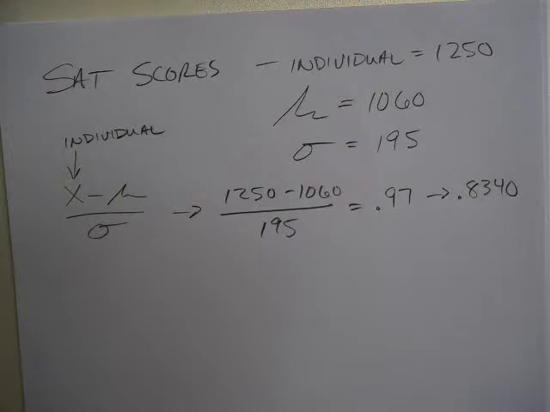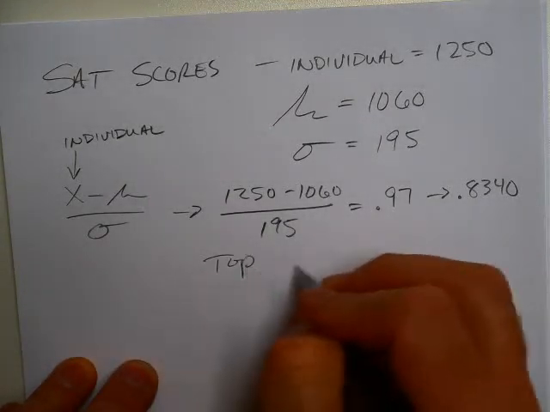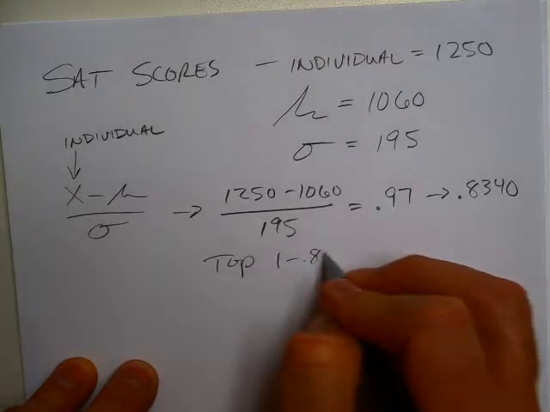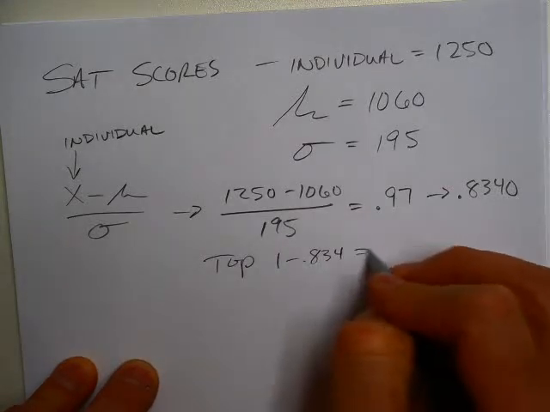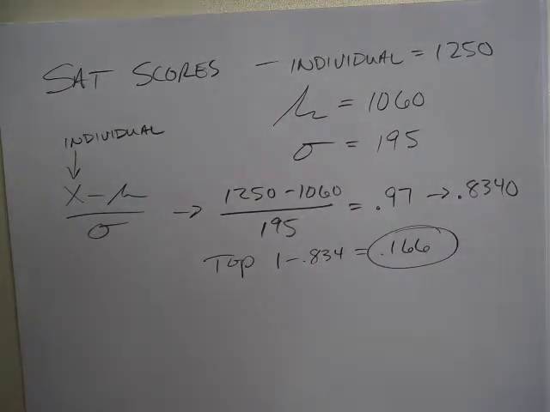So this person at 1250 would be in the 83rd percentile of all test takers for the SAT. Not bad, right? The top 16.6%. Person's in the top 16%, not too shabby.